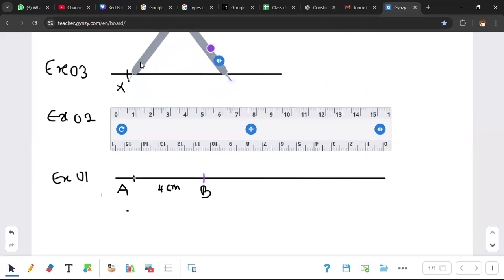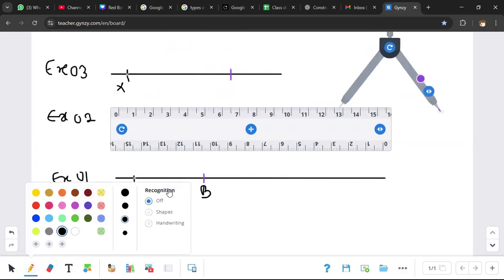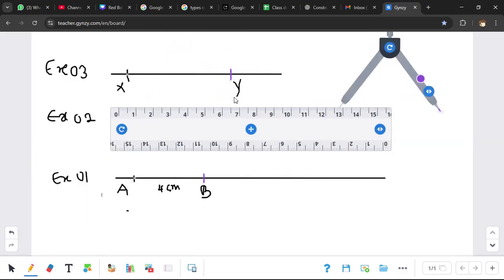Then I have placed my compass point on the point called X. Then I have to mark it somewhere around here. Then after that I will mark this point called Y.